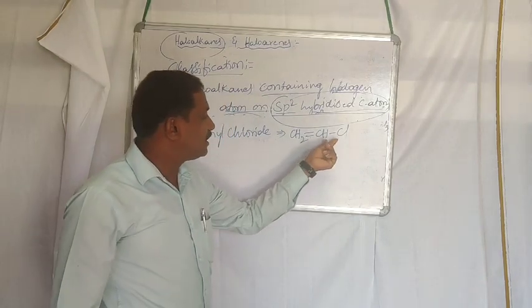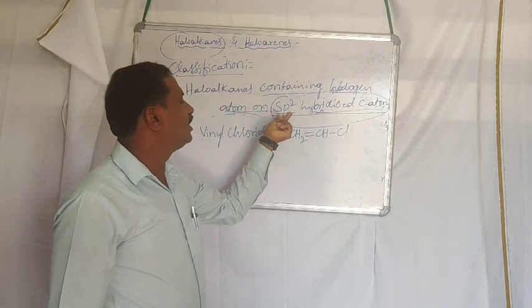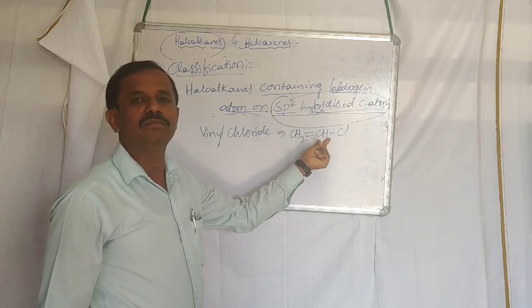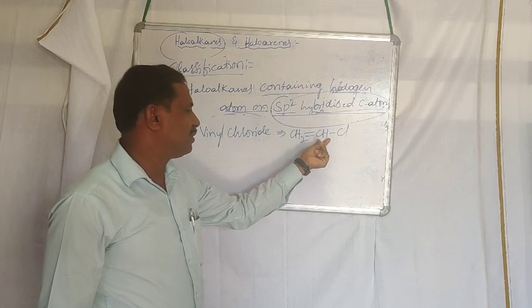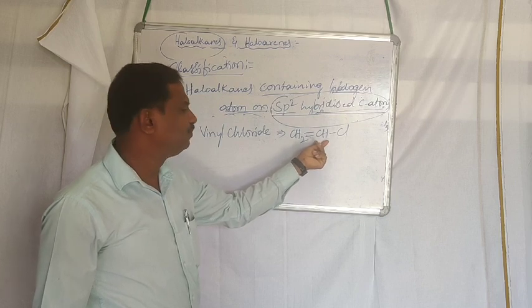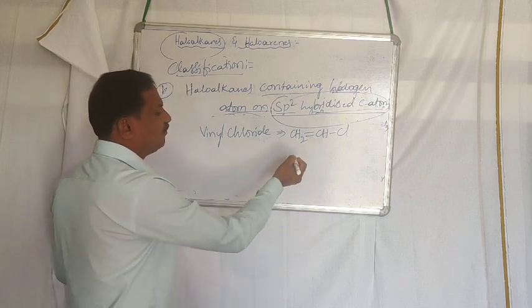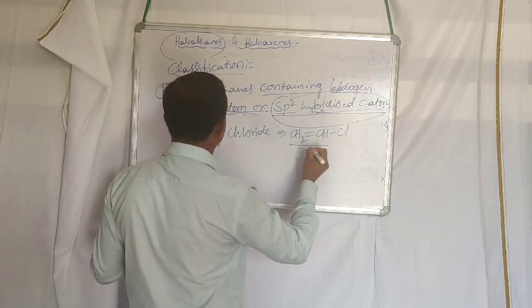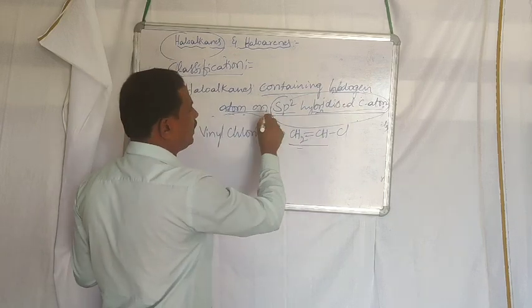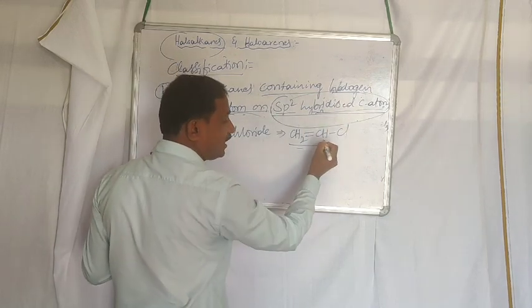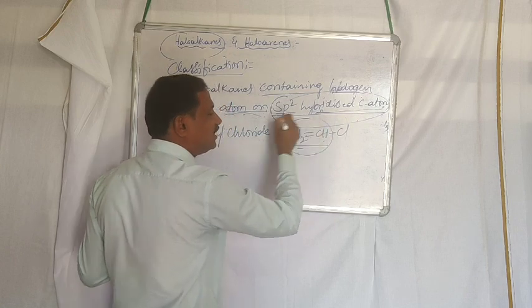The halogen atom is directly attached to an sp2 hybridized carbon atom, that is, a double bonded carbon atom. These are examples of haloalkanes containing a halogen atom on an sp2 hybridized carbon atom of an aliphatic chain.